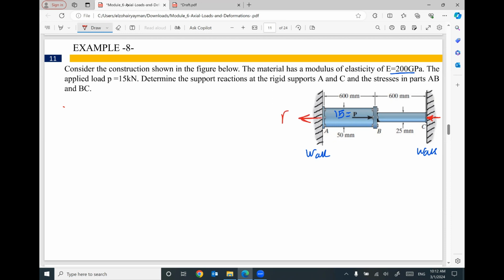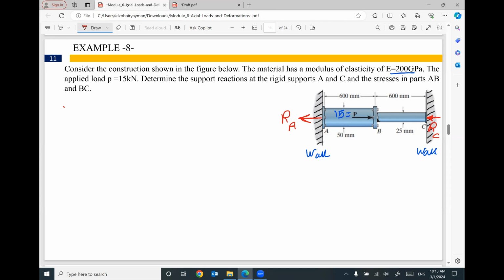So this is the reaction at A, and this is the reaction at C. However, you can assume any direction, it's up to you. But I imagine the applied force 15 kilonewton moving to the right, so I expect the reactions at A and C will move to the left. If you did not assume this, go ahead and assume what you want.